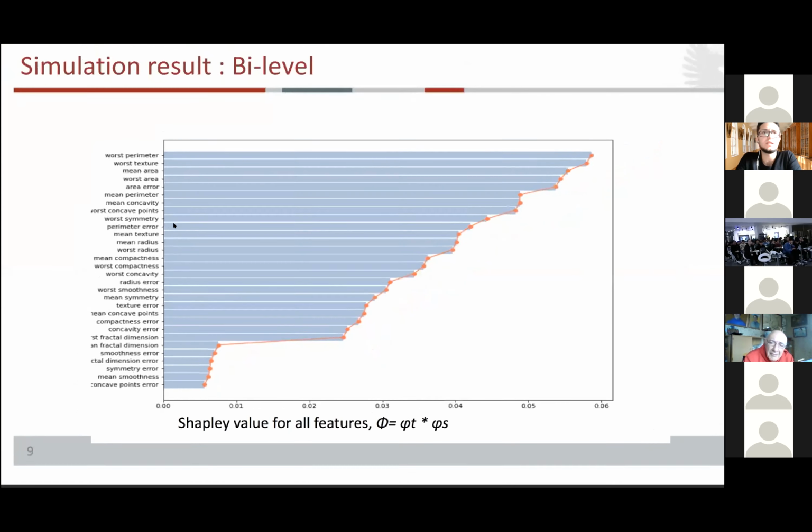What I can see is that, for example, these features come into one group because of the value of the Shapley value here. These are as well. Of course, maybe next month we will present more, or if you're interested, we could tell you a little more about it. Okay, thank you.